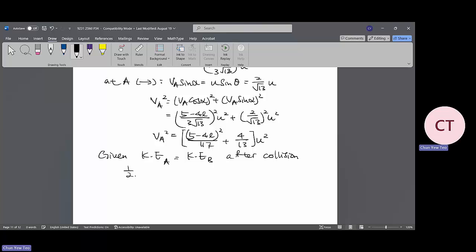That means half of 5m VA squared is equal to half of 4m VB squared.